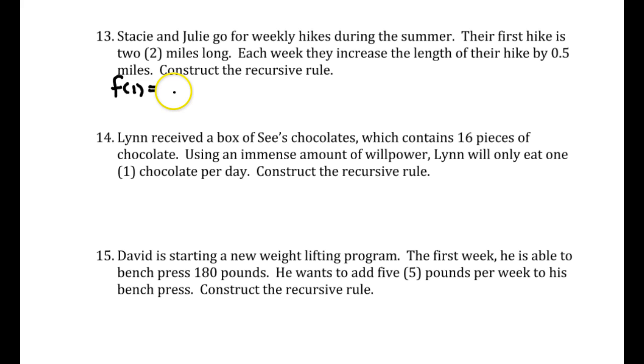So first week of summer, that's what the 1 stands for, week 1, and it's 2 miles long. So as we go out through the summer, how many miles we do the next week will be however many miles we did the previous week plus 0.5 more miles, half a mile more.